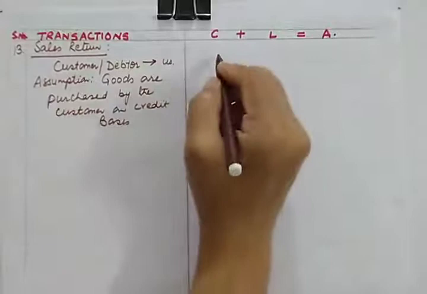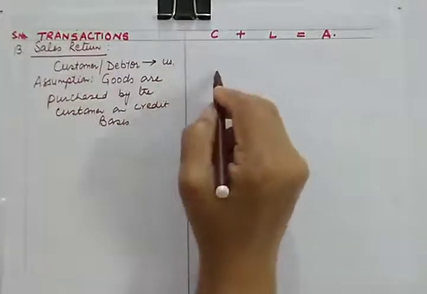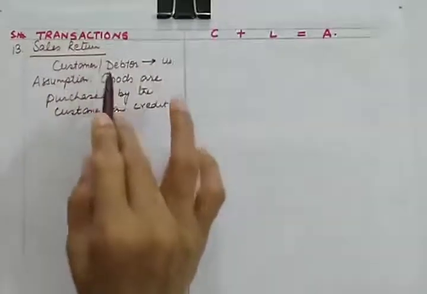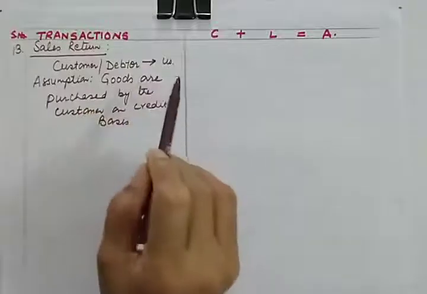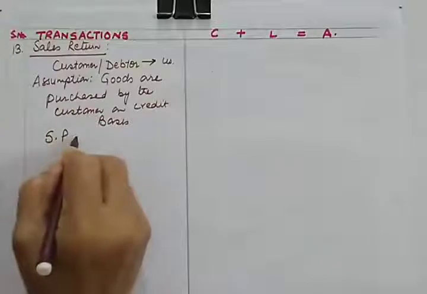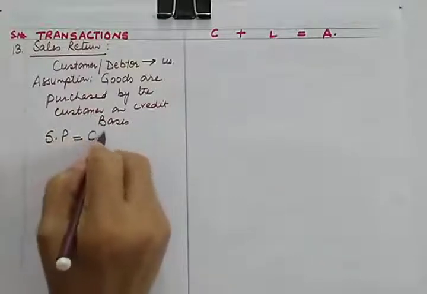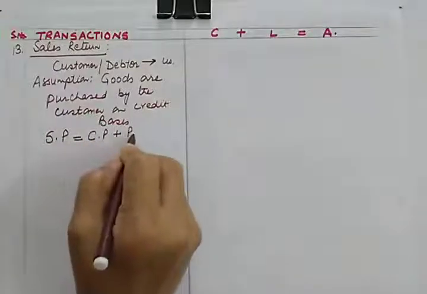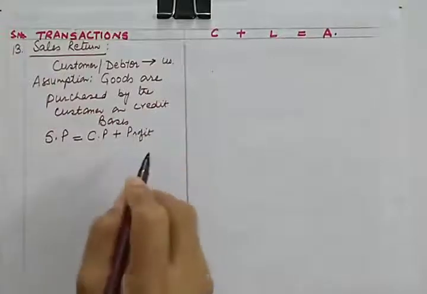So in this case, what will happen? See, when you are selling goods, your sale price includes cost price plus a part of profit also.